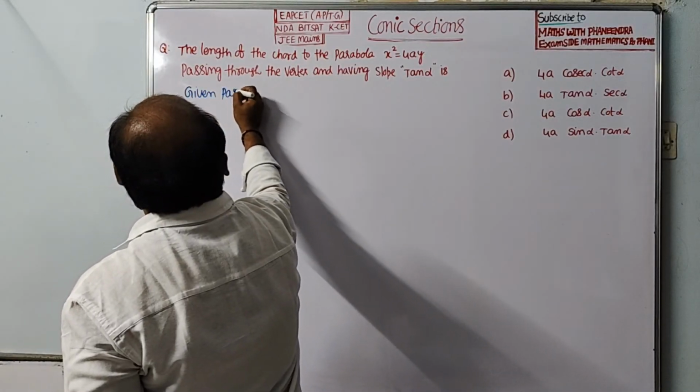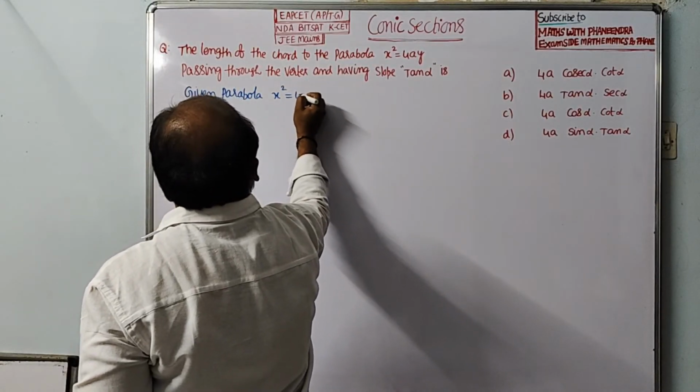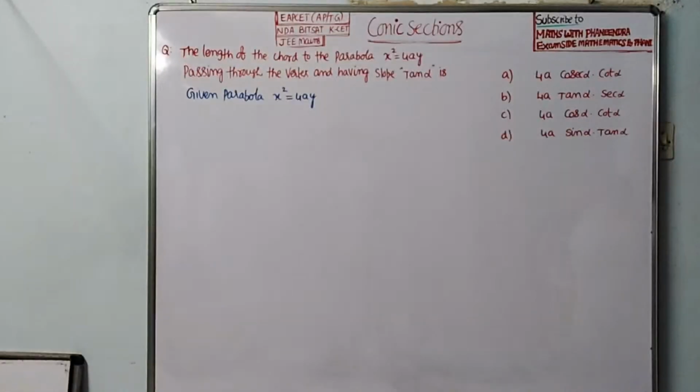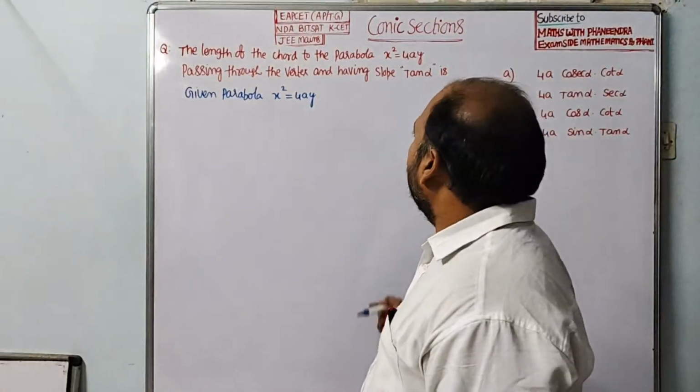So, given parabola x square is equal to 4ay, passing through the vertex.